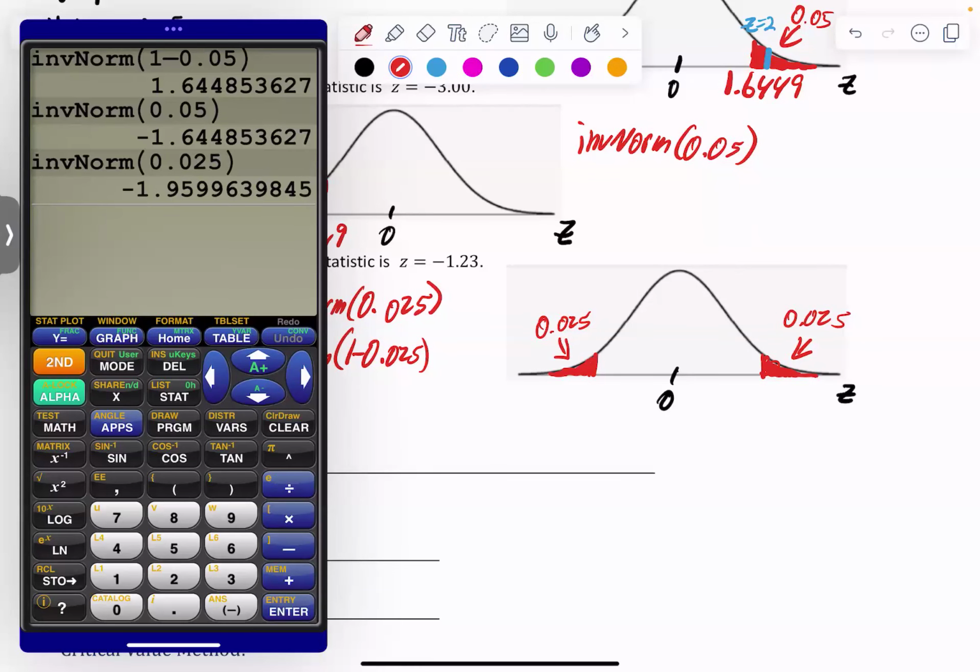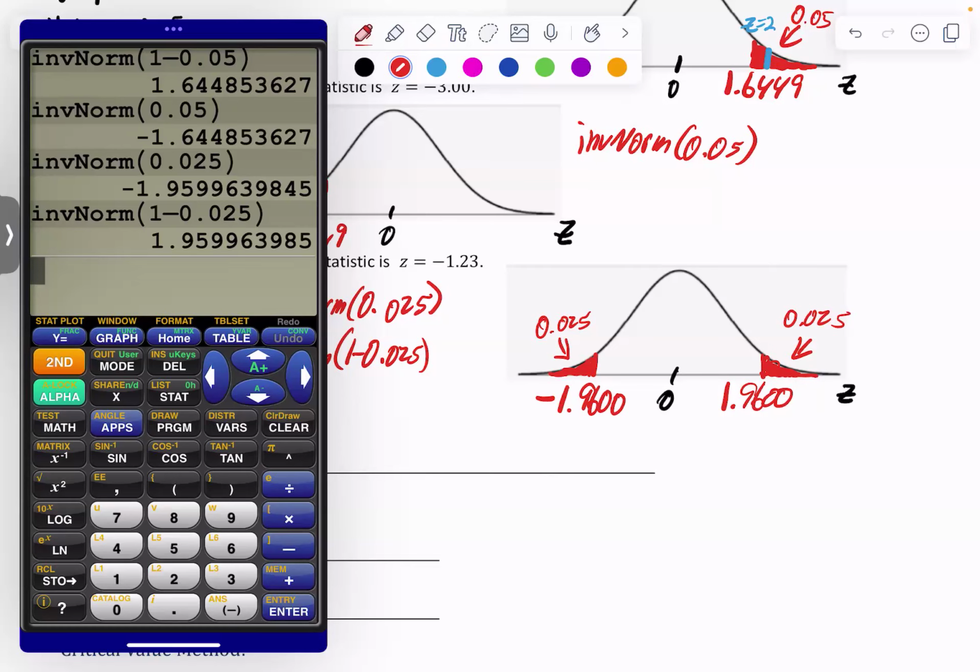So this is negative 1.9600. There we are with our critical values.